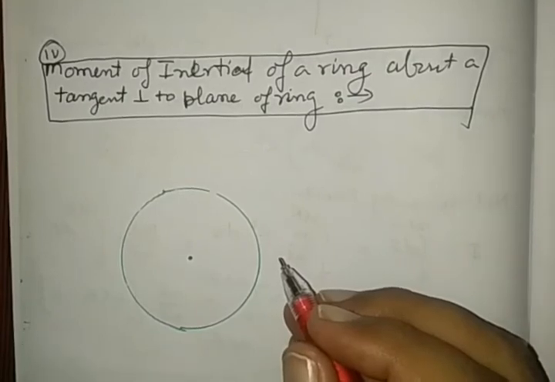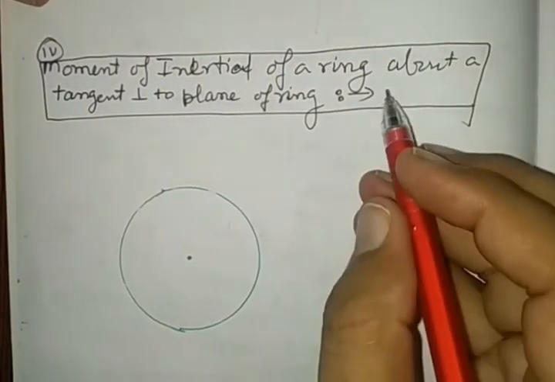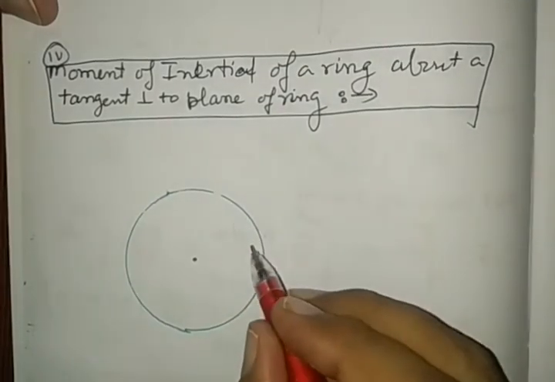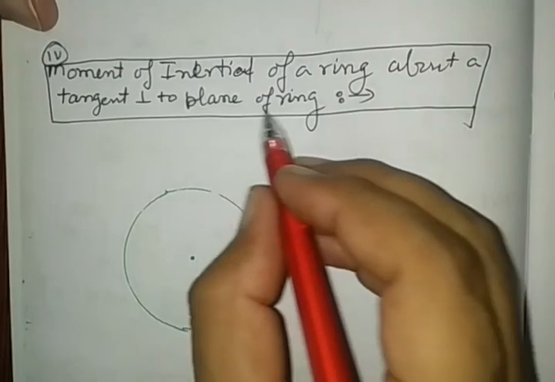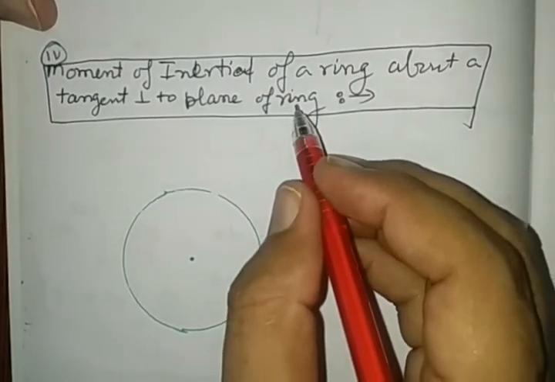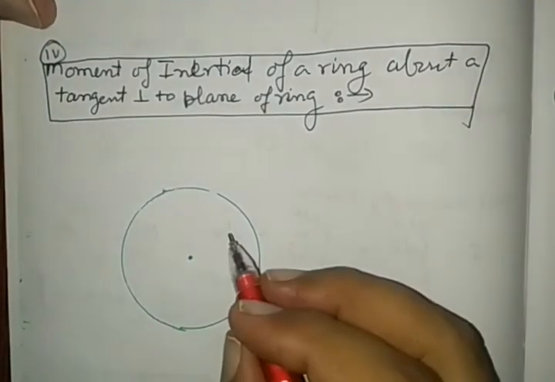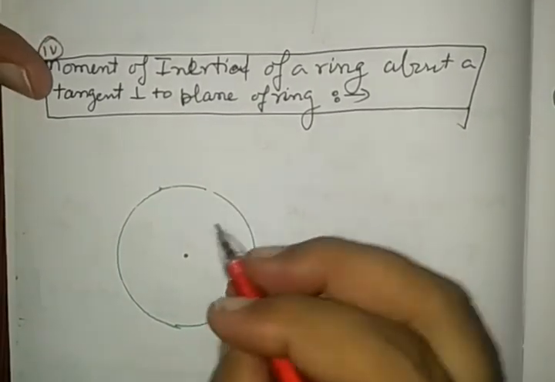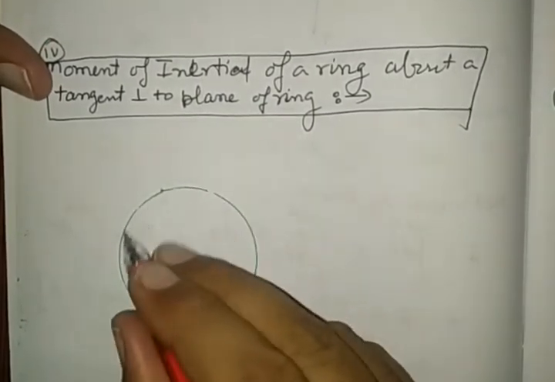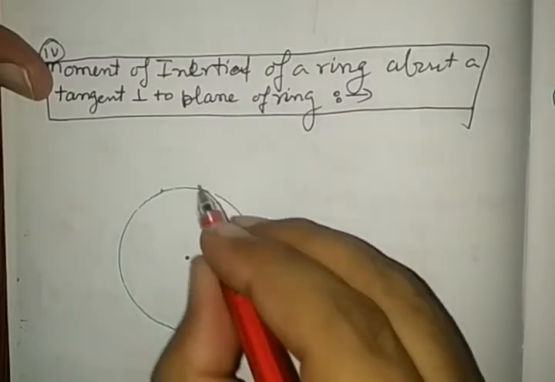Now we are going to see the fourth case: the moment of inertia of a ring about a tangent perpendicular to the plane of the ring, not in the plane of the ring. See the trick, how it is obtained very easily. This is a thin uniform ring.